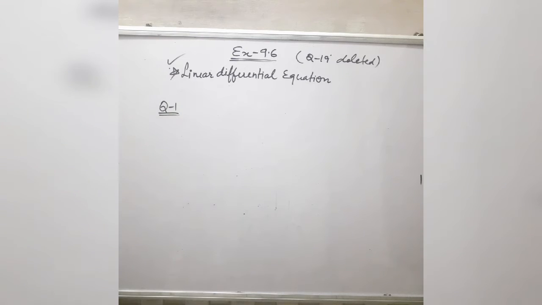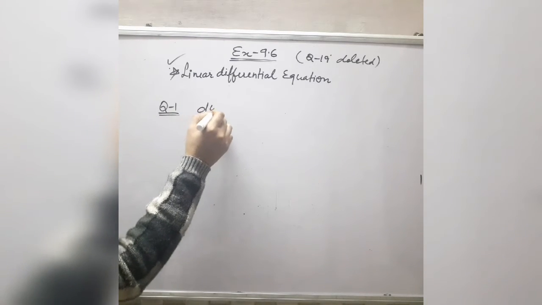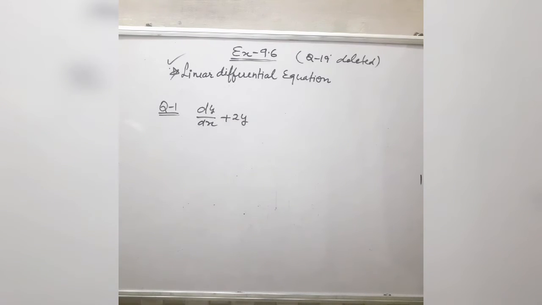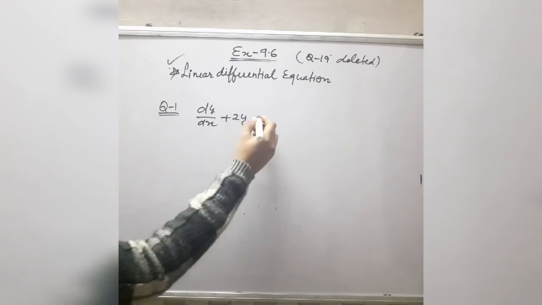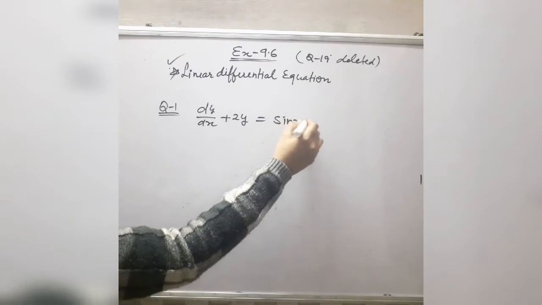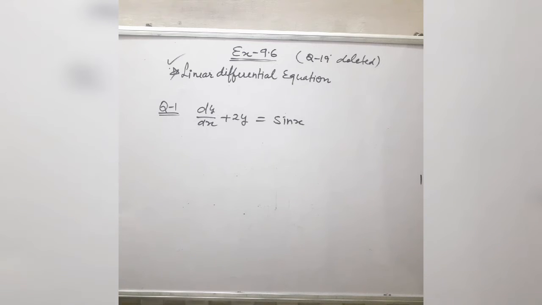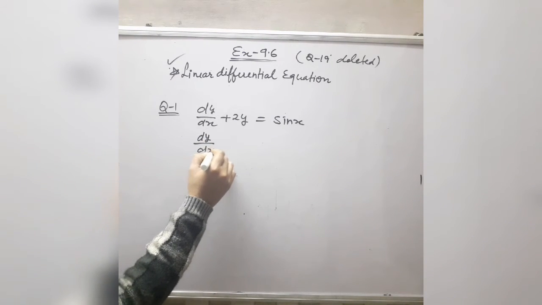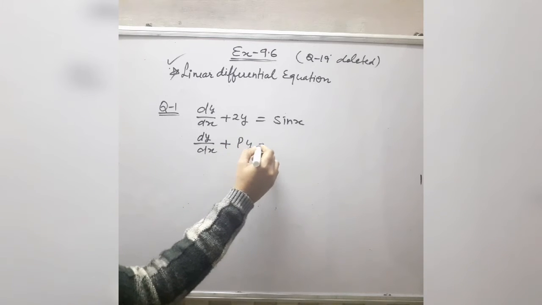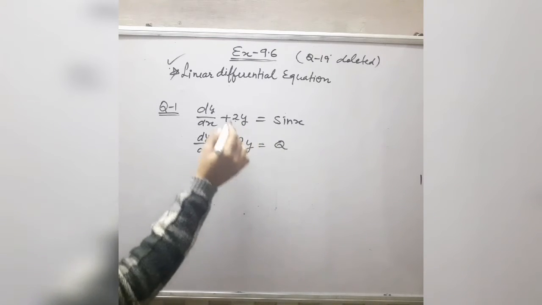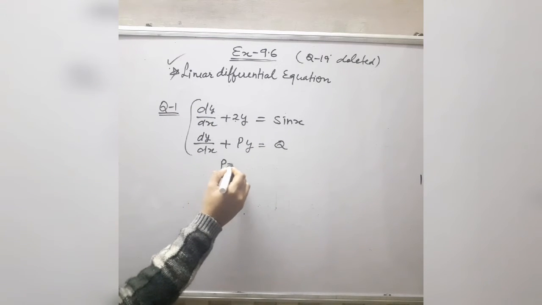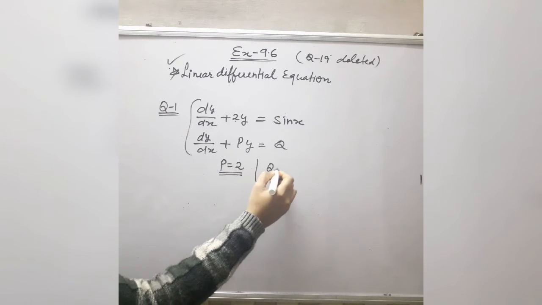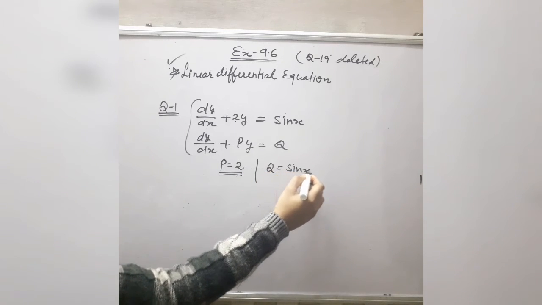See how you will simplify this. Question number 1: dy/dx + 2y = sin x. This is the kind of differential equation dy/dx + py = q. Comparing, p = 2, a constant function, and q = sin x, a function of x.